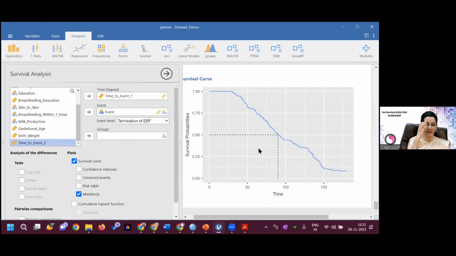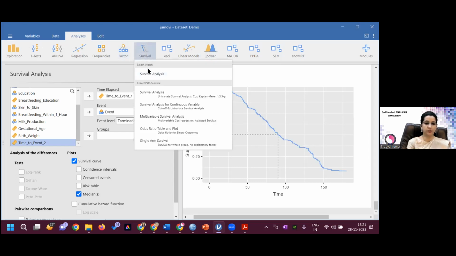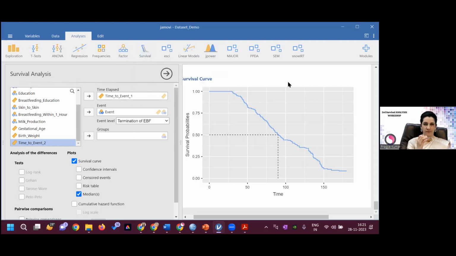So are you getting what I'm trying to say? This overall survival you get only when you use this option. When you use the univariate survival, you will not get a graph of the overall survival. So have you understood?